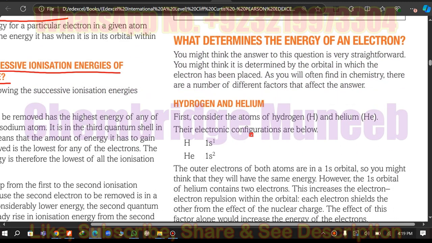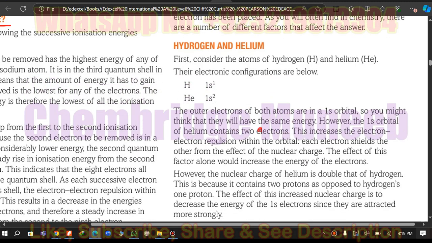Now they are considering the electronic configuration of some of the atoms by taking into account the energies. Hydrogen has the electronic configuration 1s1 and helium has the configuration 1s2. So in this orbital of helium there is a greater repulsion between the electrons.